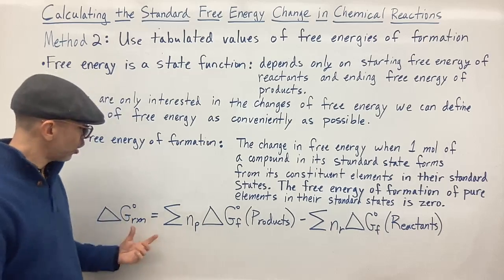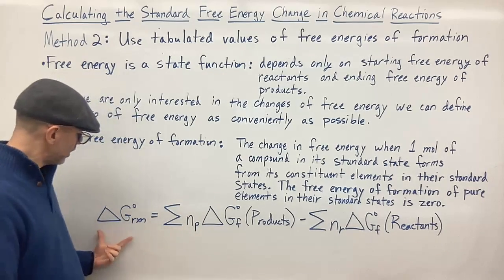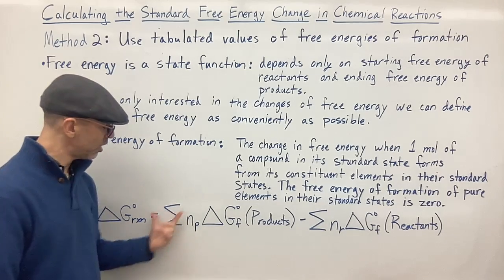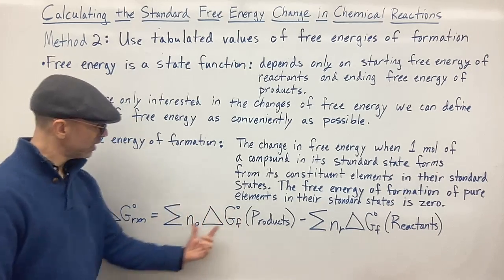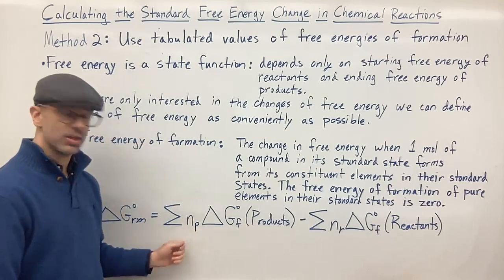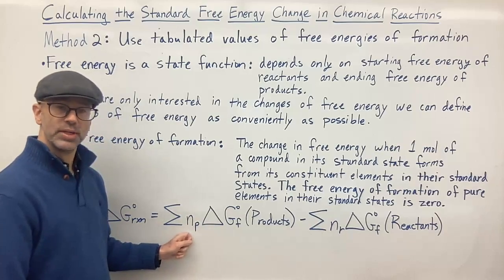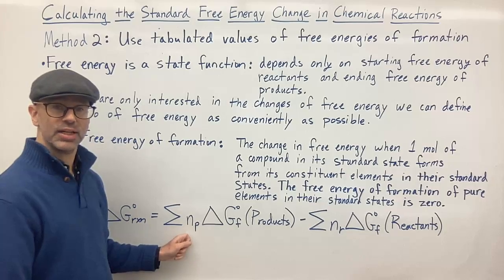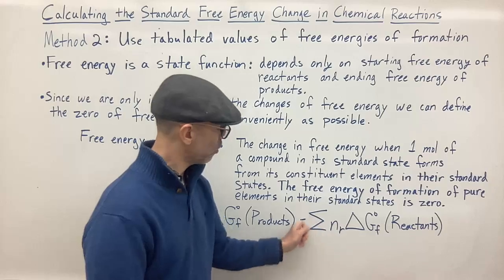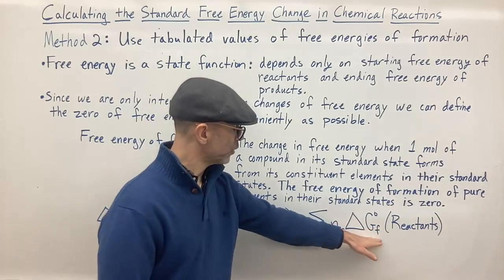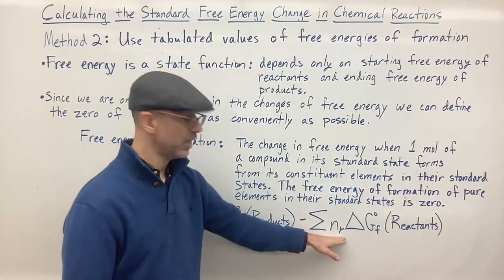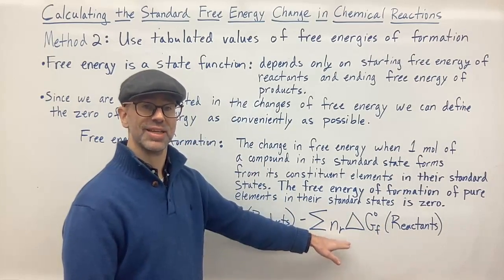The change in the standard free energy of a reaction is going to be equal to the sum of the free energy of formation of products multiplied by the stoichiometric coefficients found in the balanced equation, and then you subtract from that the sum of the standard free energy of formation of the reactants multiplied by their stoichiometric coefficients in the balanced equation.